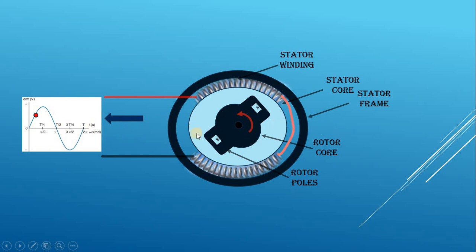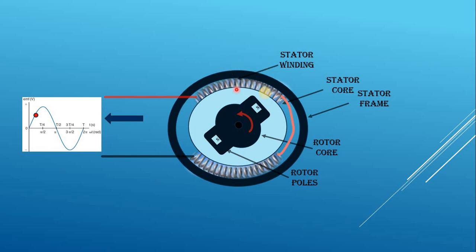When the rotor is along this horizontal axis, the coil at the top is neither under the influence of the north pole nor under the influence of the south pole. We are dealing with the coil which is at the top.